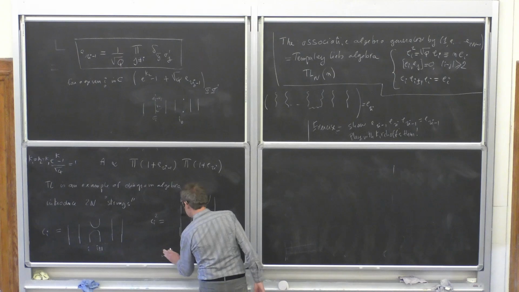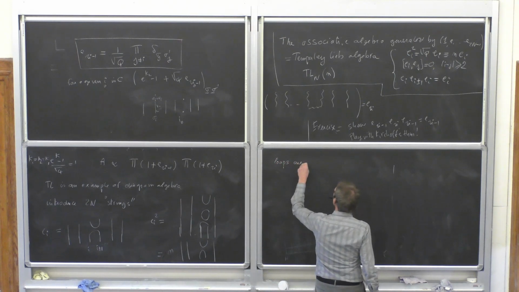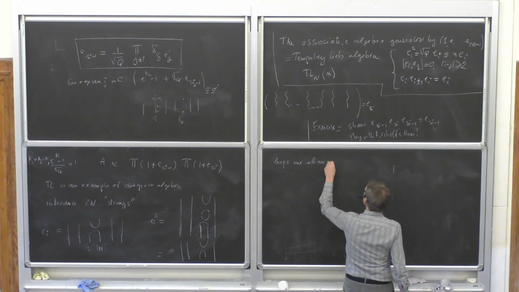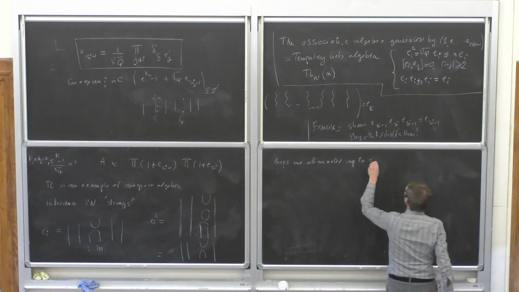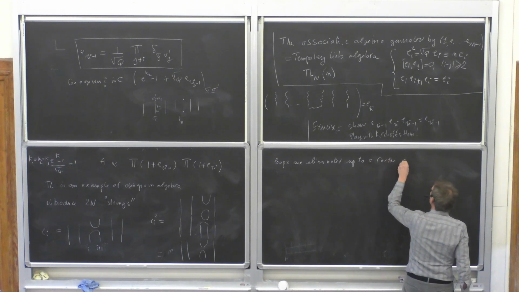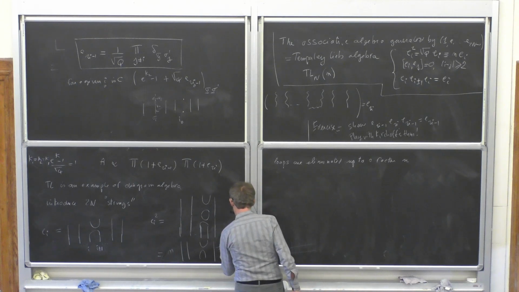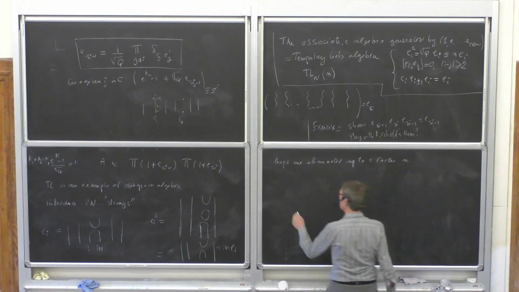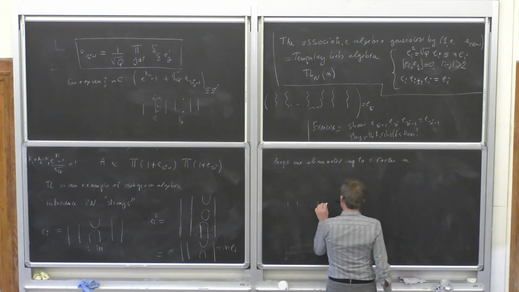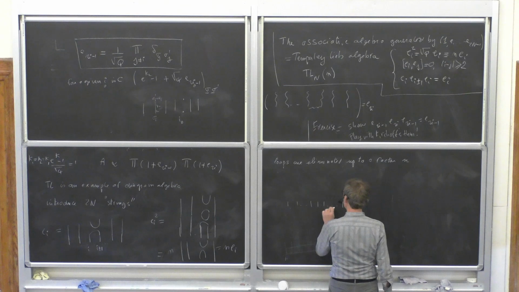Okay, so this is our rule. Loops are eliminated up to a factor n. Okay, so EI square is n EI. Very nice. How about EI plus 1 EI? Well, that's very simple to see. Now I act with EI, so I get this.